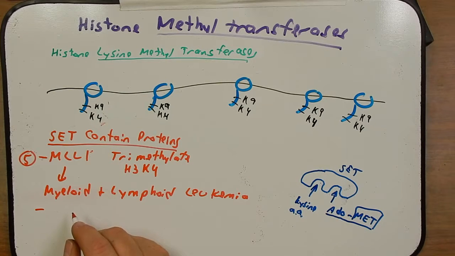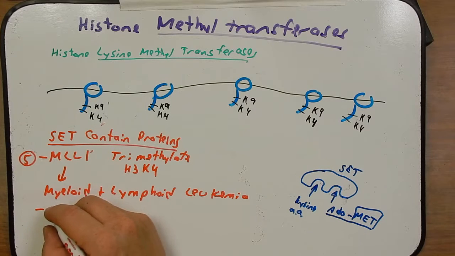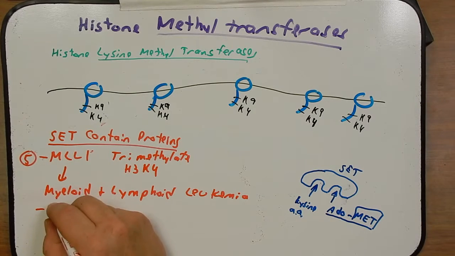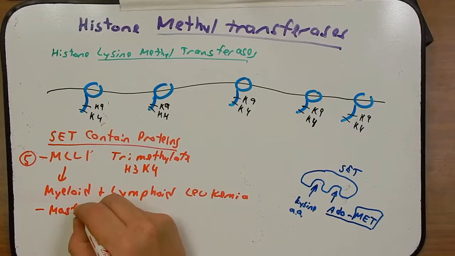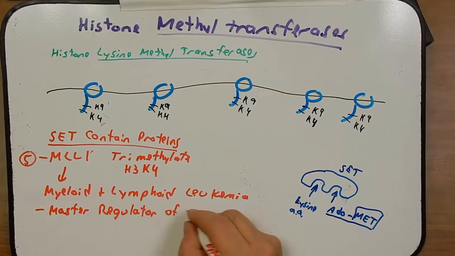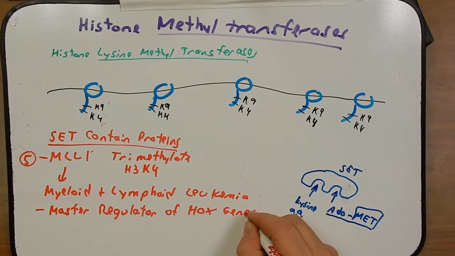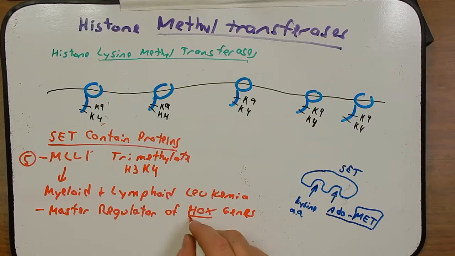In fact, it's one of the very early genes that's necessary for embryonic development because it's a master regulator of Hox genes. If you haven't read about Hox genes, you should. These are a really fascinating set of genes that are important in setting up the body pattern of various organisms.